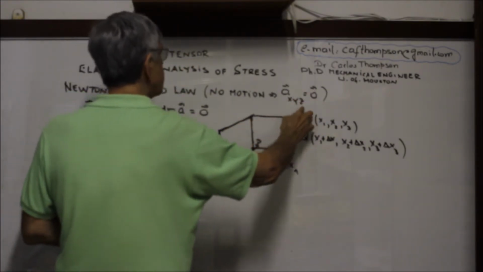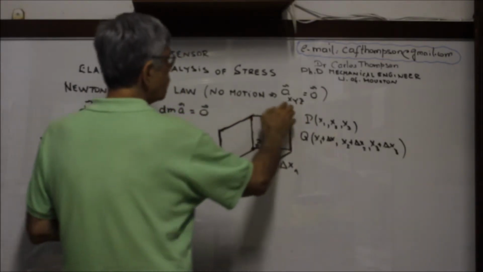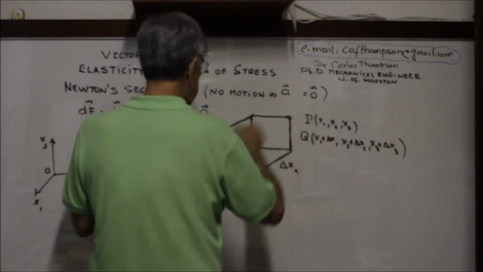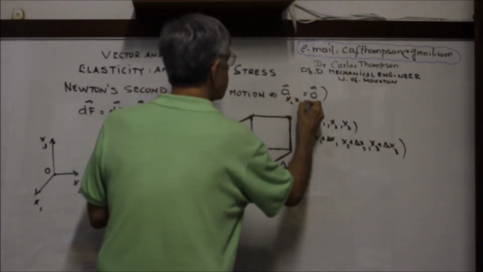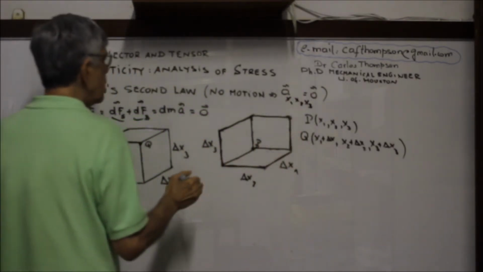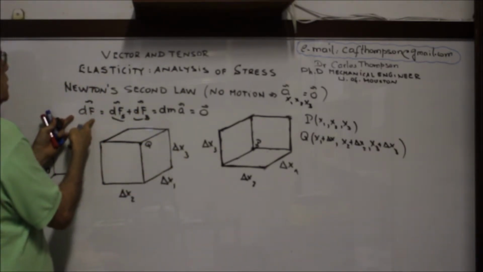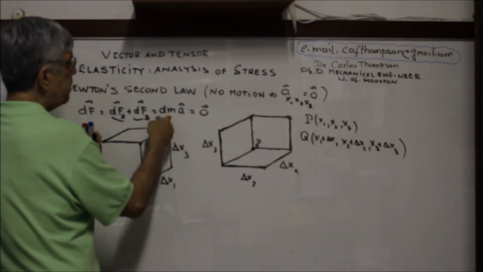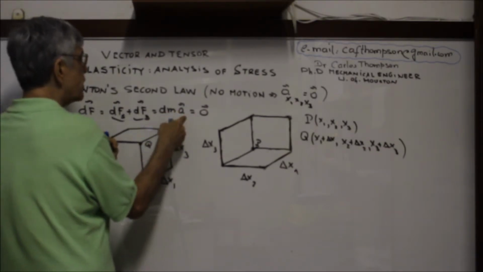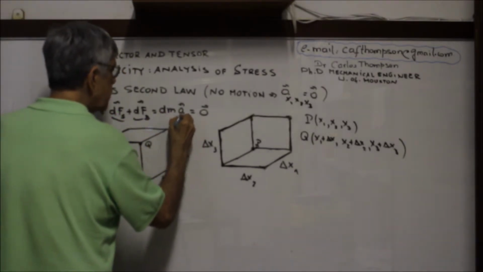So the acceleration with respect to the inertial frame, x1, x2, x3, will be 0. So Newton's second law: the net force that acts on this element is equal to the mass dm times the acceleration with respect to the inertial frame.